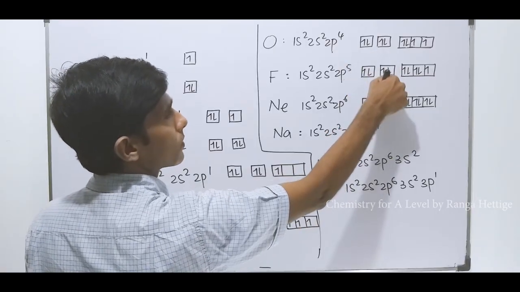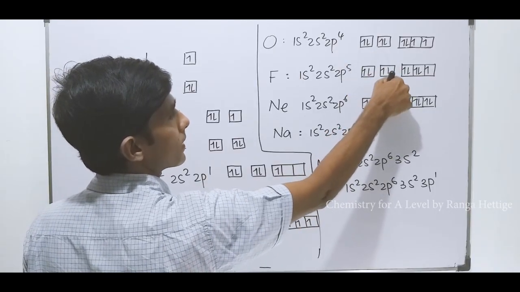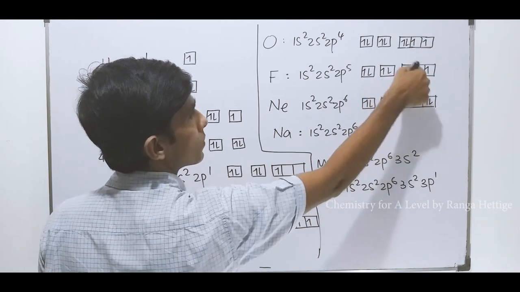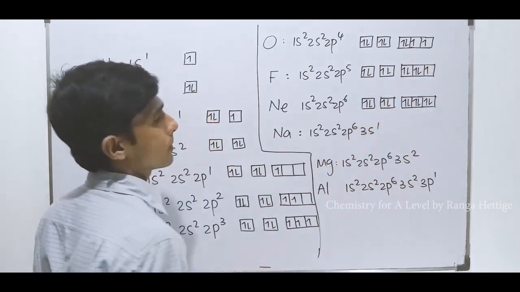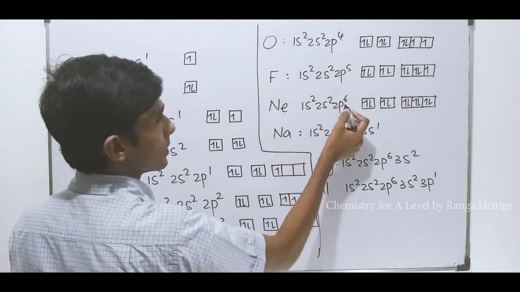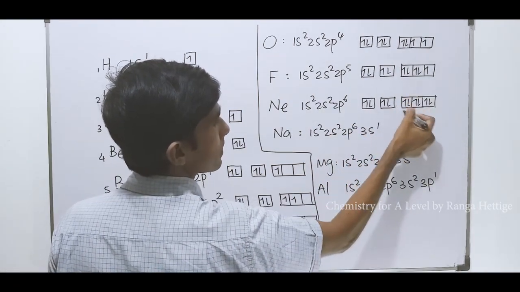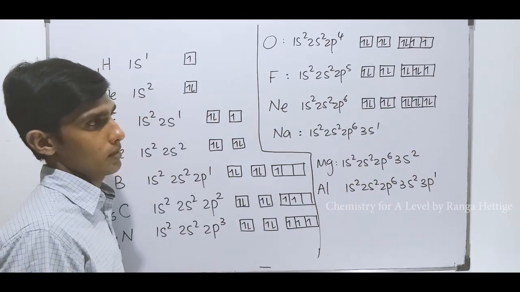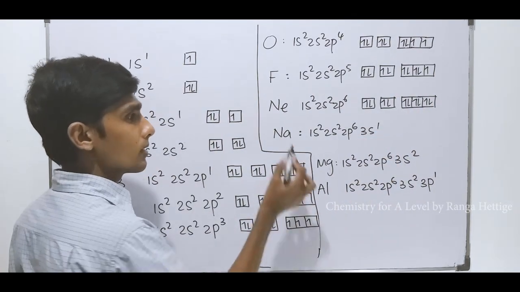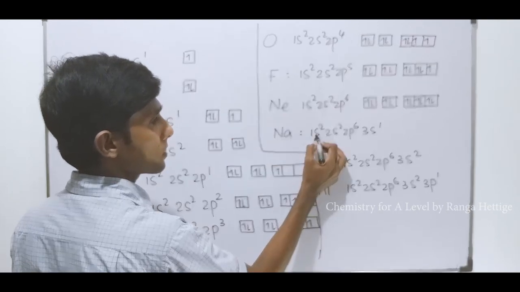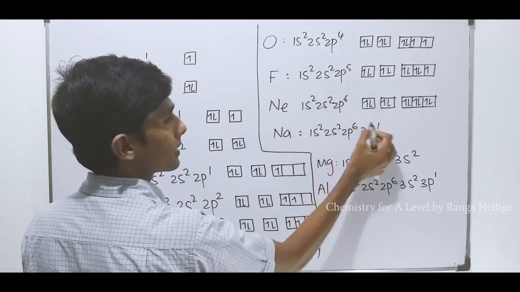Then the next electron goes to the 2s, where 2 electrons could be there. Then 2p, where 5 electrons could be there. When it comes to neon, 1s2, 2s2, then 2p6. Now this p sublevel is full. There are 6 electrons. Therefore in sodium, 1s2, 2s2, 2p6, 3s1.